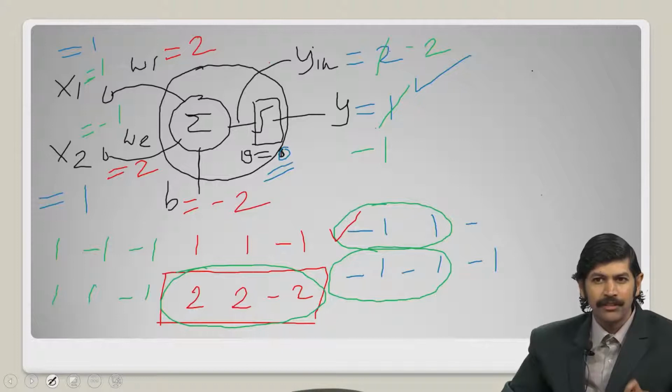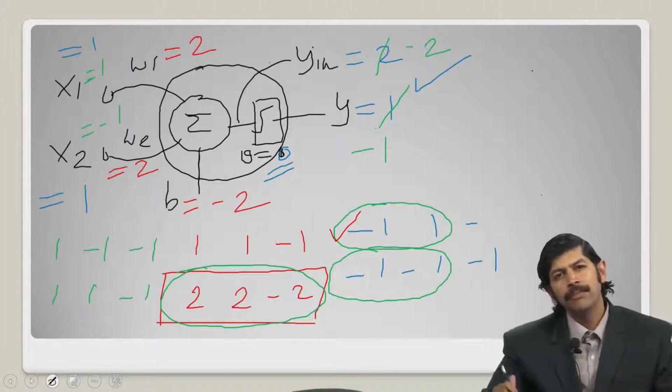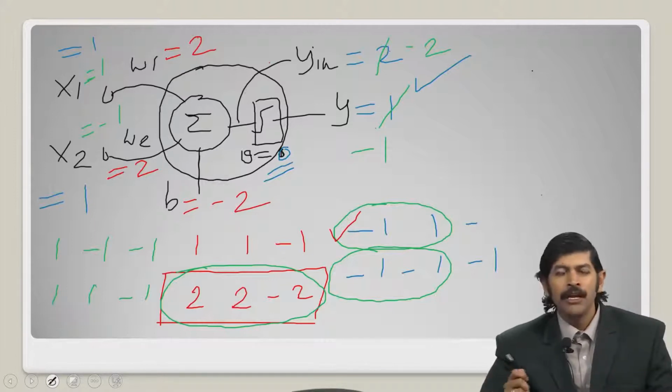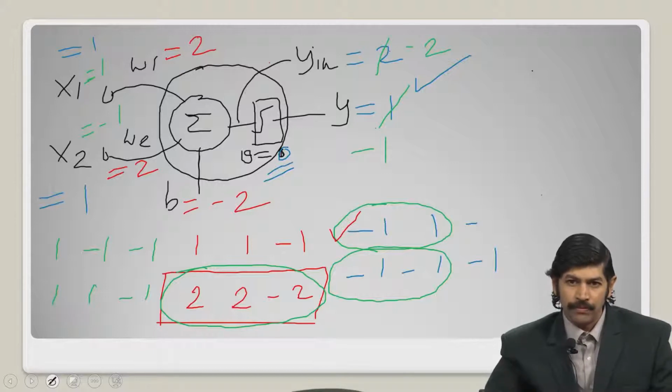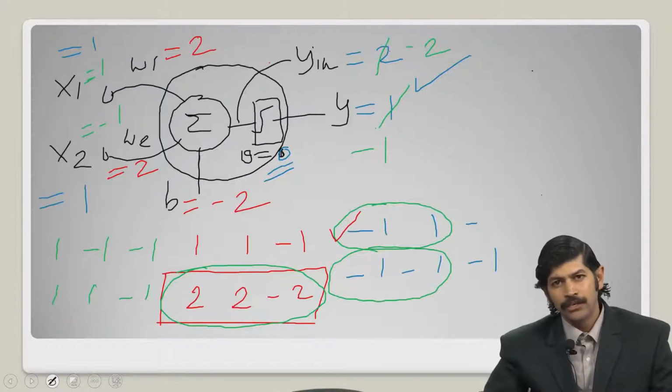But the question that we really want to pose is why exactly this algorithm works, because this is after all a simple dot product between input and output. And that's where the more interesting part, which is more important for engineers, actually comes into picture.